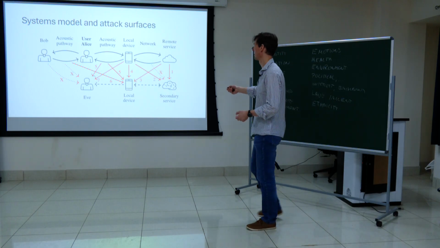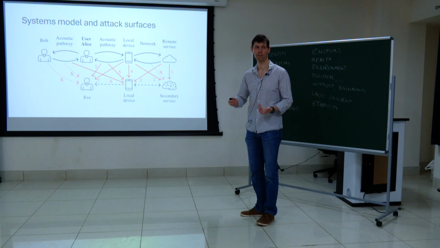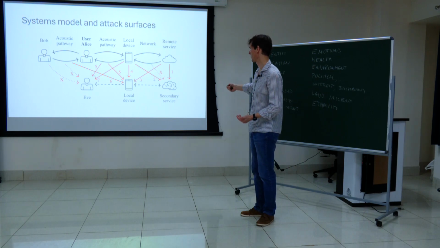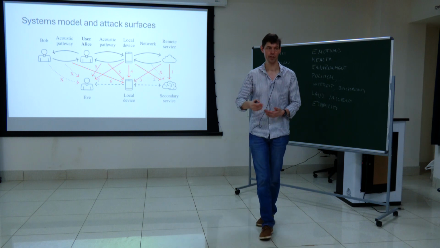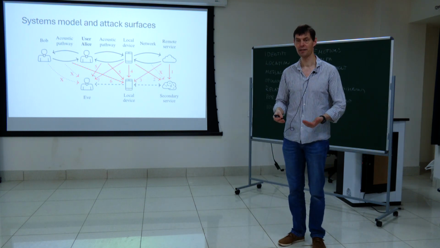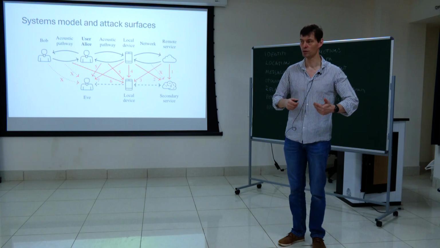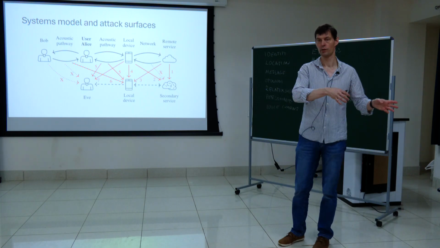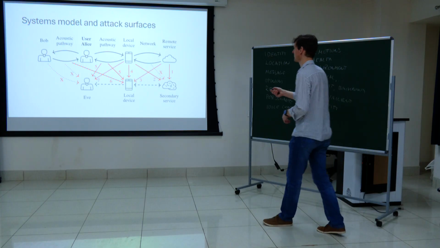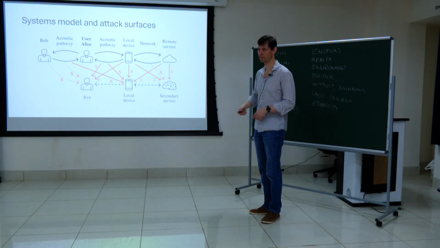And when that local device is unable to do the action itself, it might need to ask for help from a remote service or cloud service. Like the weather in Japan example, my phone does not know what the weather is like in Japan right now, so it has to ask that from the cloud service. So that is the intended functionality, and there's information flowing between all of them.